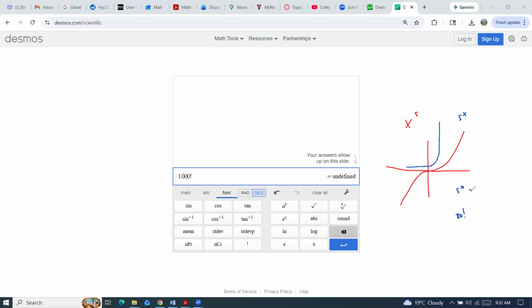So here you have 5 multiplied 10 times with itself, right? It is for calculus, yes, it is related to graphing all the functions.